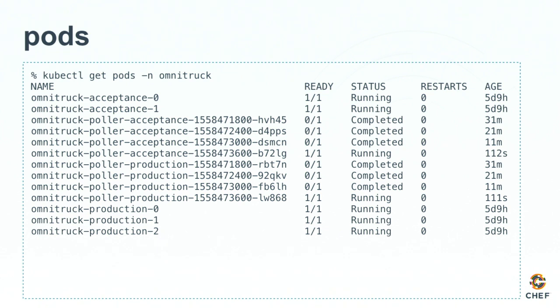And that cron job for Polar is going to go and pull Omnitruck's data so that it can populate all of the latest versions of all the applications for all the various platforms, so that you can download Chef Infra Client 13.12, whatever, for AIX version 5. And like all that mapping is done via Polar, and that's where those pods come from. The one that's running, as you can see here, this Polar acceptance was running, so it was literally updating that on the acceptance environment when I ran this command an hour ago.